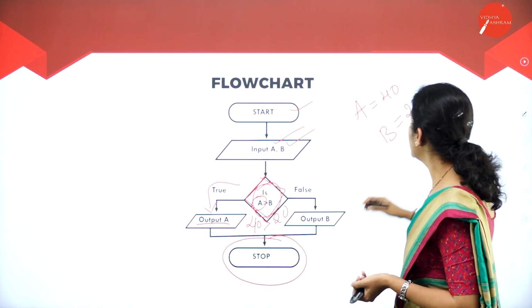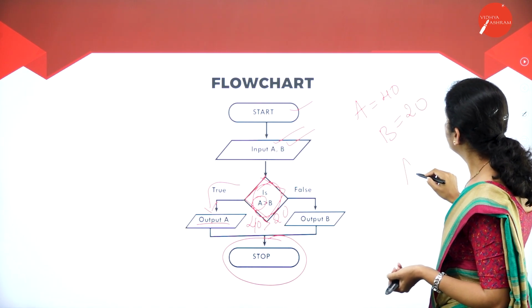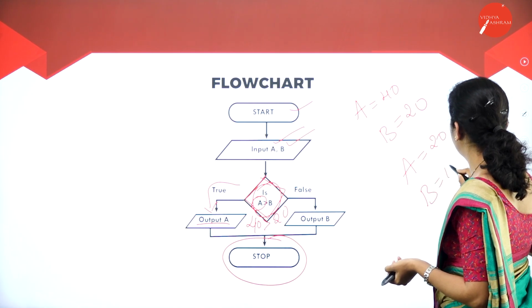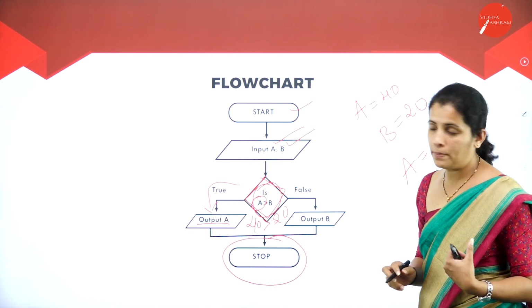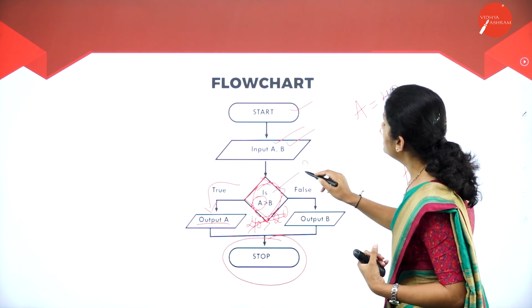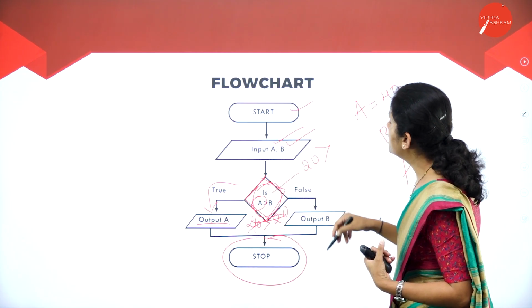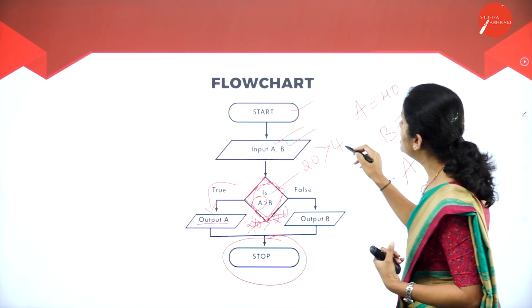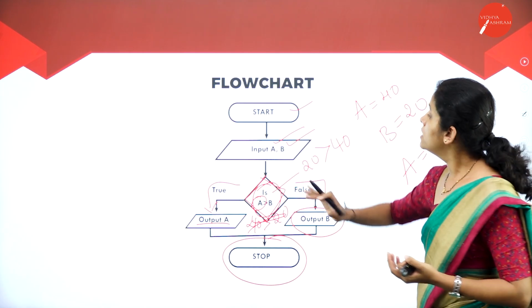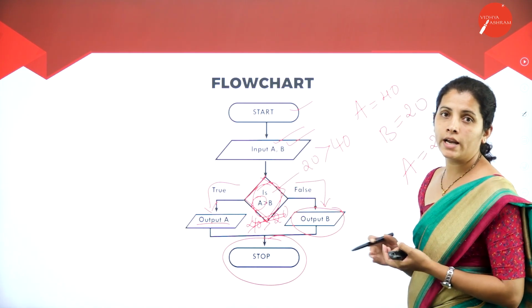And another case, if here A is 20 and B is 40, then what's going to happen? That is here A is 20, 20 greater than 40. Is it true? No, it is false. If the condition is false, what I will do?